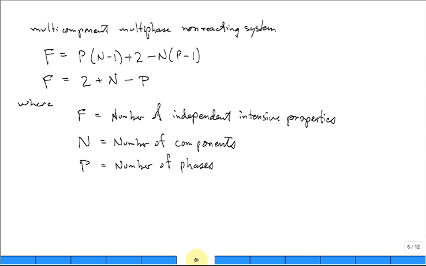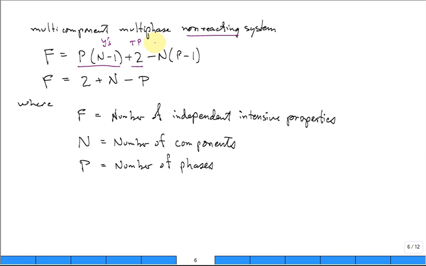But what we do is we put it together and we say, okay, for a multi-component, multi-phase, non-reacting system, you have F. I want to know the number of independent intensive properties needed to be specified to fix that state. Well, it would be P times N minus 1 plus 2. That would be the total number of those descriptions to fix the state. This was thinking about the Y's. This was thinking about temperature and pressure.